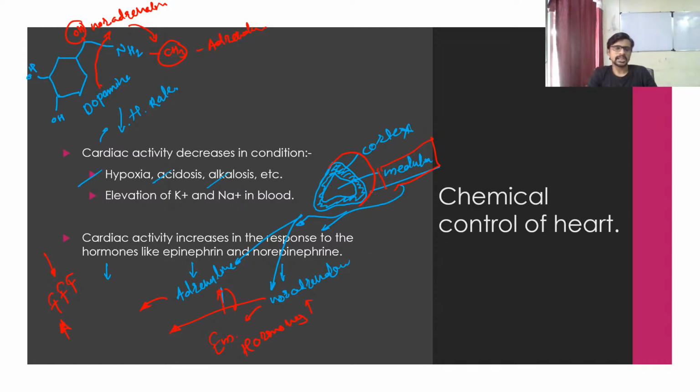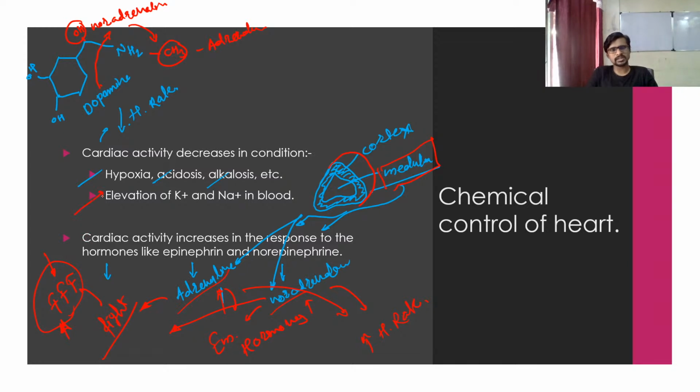And the last one is fight. So sometimes it is called the triple F hormone. Adrenaline and noradrenaline come together to increase the heart rate. This is how the heart rate is controlled by different chemicals and the nervous system.